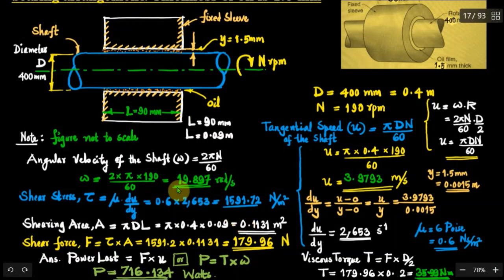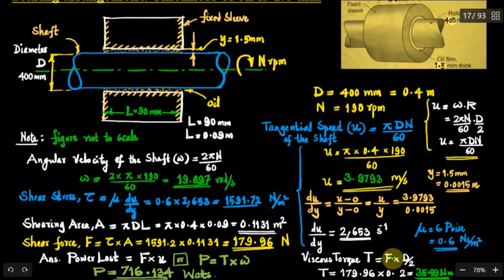The second option: power is equal to viscous torque multiplied by angular velocity. Already we have found out the angular velocity as 19.897 radian per second by using omega is equal to 2 pi n by 60. So now the viscous torque. Torque is equal to the tangential force, here the viscous resistance, multiplied by the radius of the shaft.